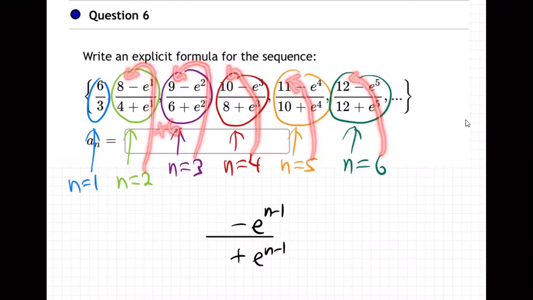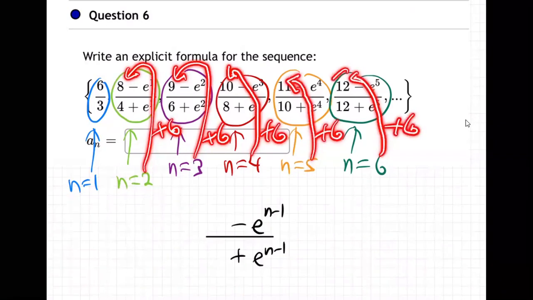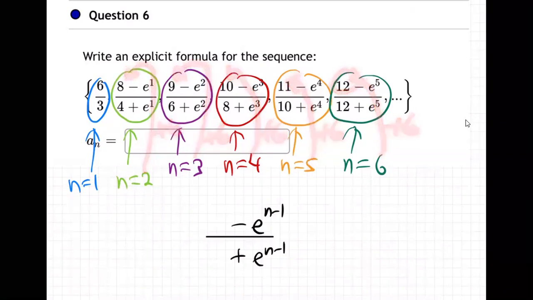Add 6, right? 3 add 6 is 9. 4 add 6 is 10. 5 add 6 is 11. The number there is 6 higher than n, isn't it? 6 add 6 is 12, right? So therefore, this piece of the puzzle must be n add 6. You with me?